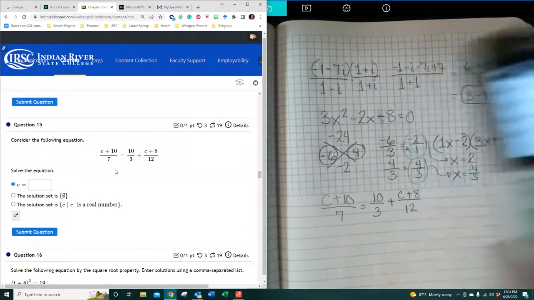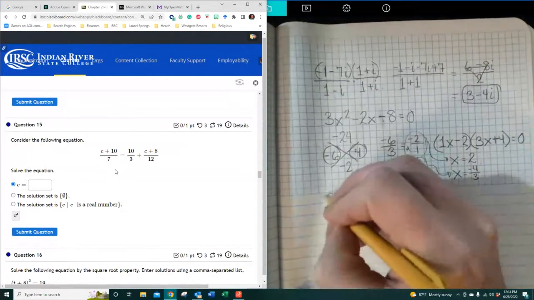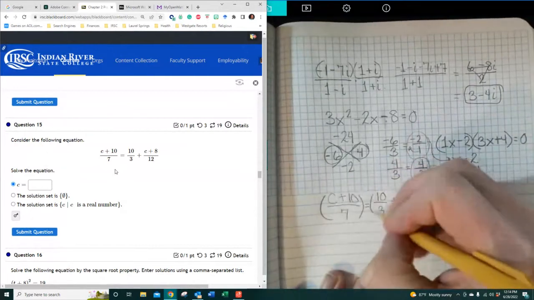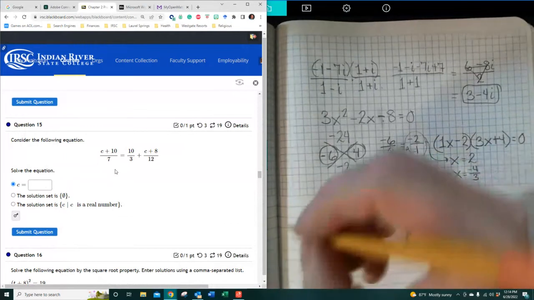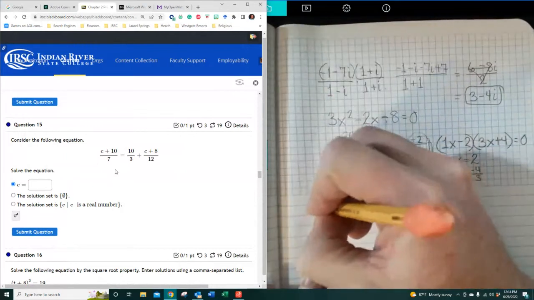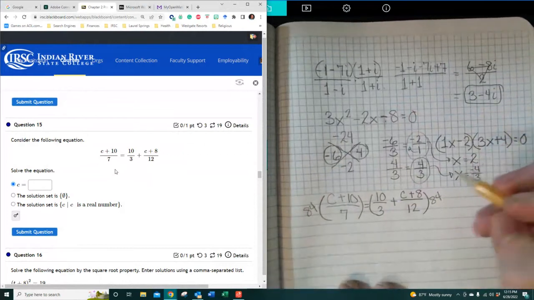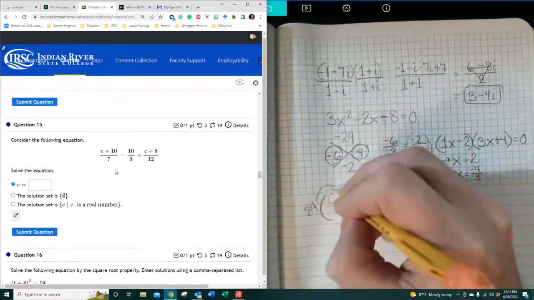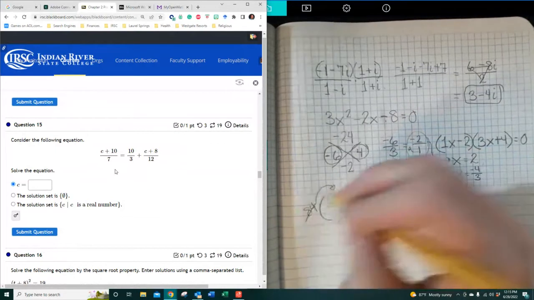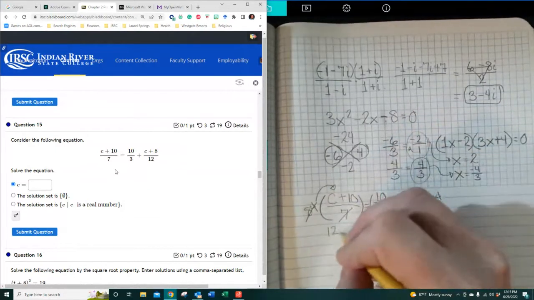So what we're going to do is multiply both the right side and the left side by 84. Once I've done that, we can see here that 7 goes into 84 12 times. So I have 12.